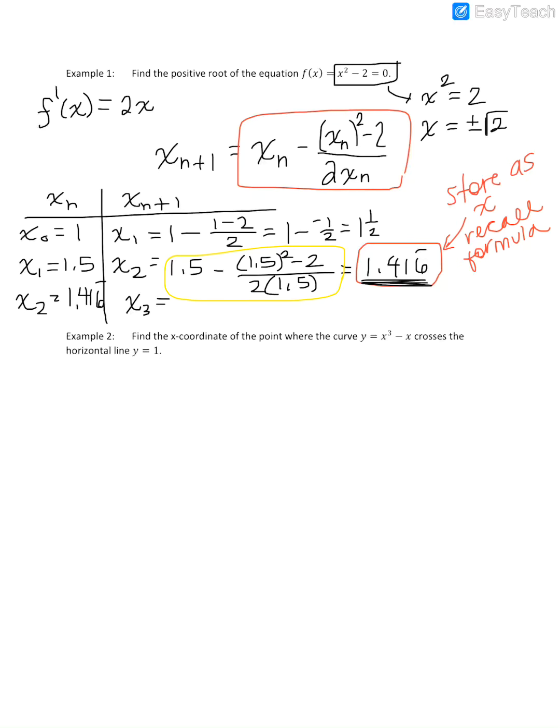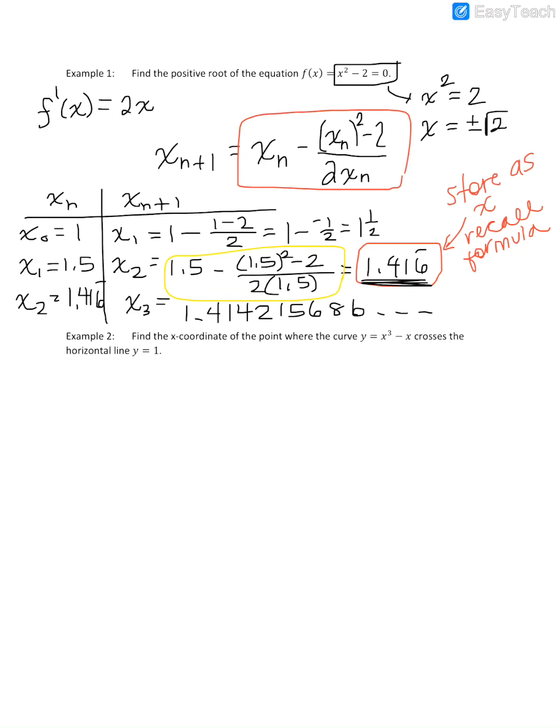Okay, so for x3, I got 1.4142156862. And then you're going to store that as x.